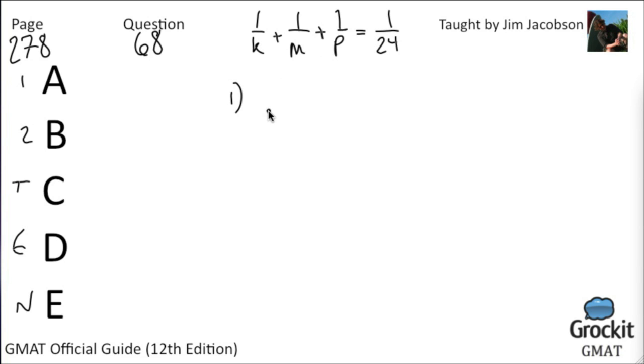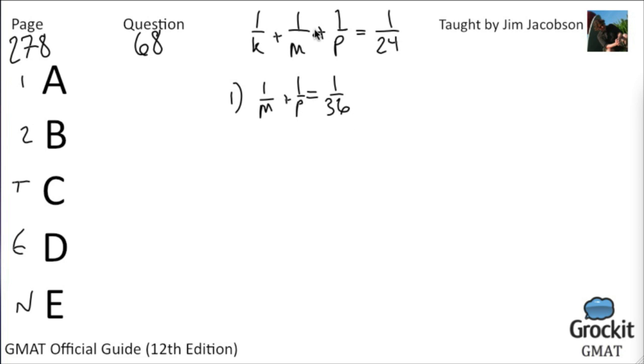Statement 1: machines M and P working simultaneously and independently at their respective constant rates can complete the task in 36 minutes. So this tells us 1 over M plus 1 over P equals 1 over 36, because they can do 1/36 in 1 minute.